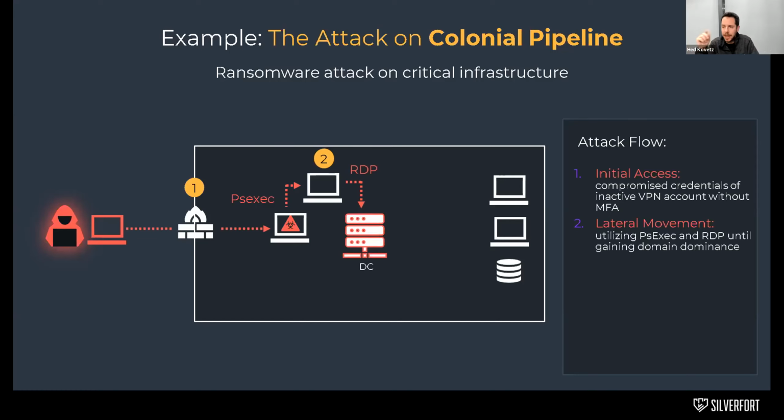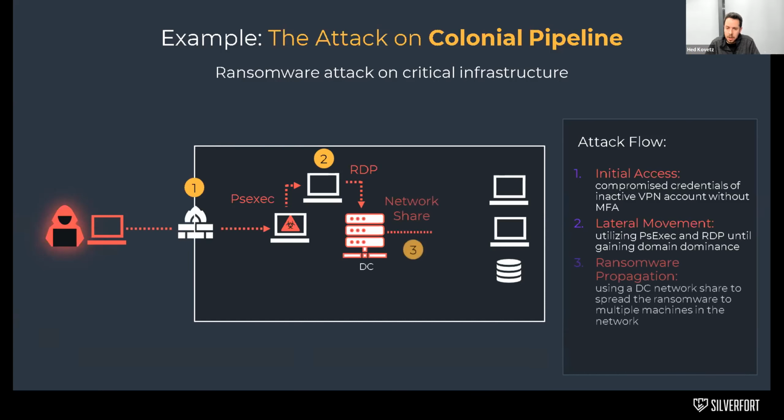And the way they do that is always using these older protocols, command line tools, remote desktop, legacy systems, because they know that these systems, especially in OT environments, but even in IT environments, cannot be protected. And from that point, they can access anything. They can access network shares, they can access critical systems, they can encrypt everything.